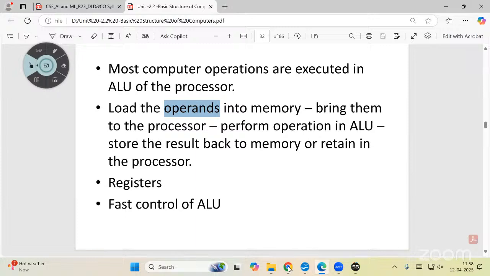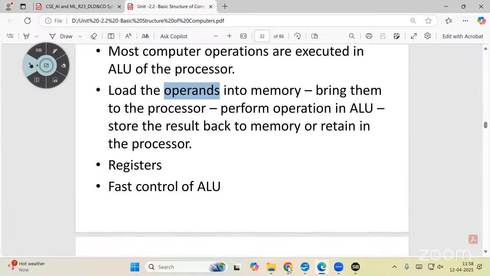Then to perform all these arithmetic and logical operations, we require the registers. Computer registers. Okay, then control of arithmetic logic here, that is the writing or reading.